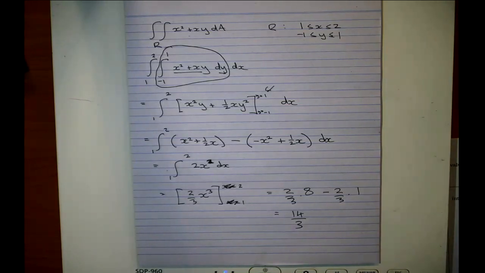However, when I ask you to do it, you do not have to do it both ways unless I ask you to. But if you've got the time, you can do it the other way, because when we do integrals over more general regions, we'll find that there are things that you can't do one way, but the other way you can. And so we can reverse the order of integration when we need to.